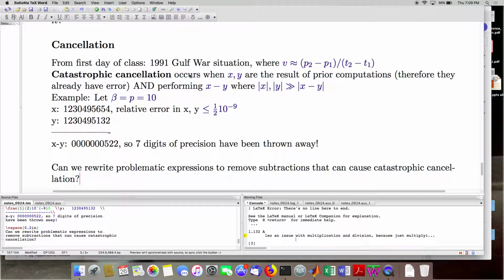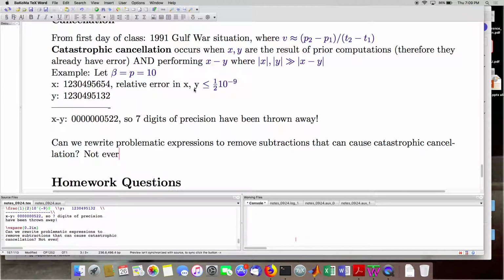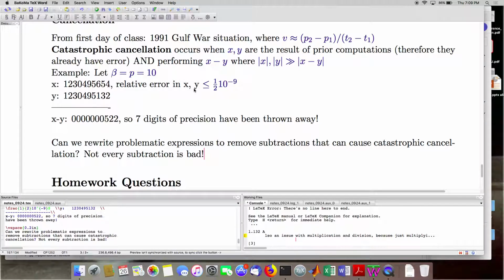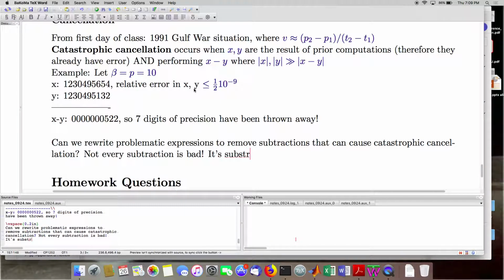Now, not every subtraction is bad, because we will never be able to get rid of them all. So that's a good thing. It's subtraction of very close numbers.